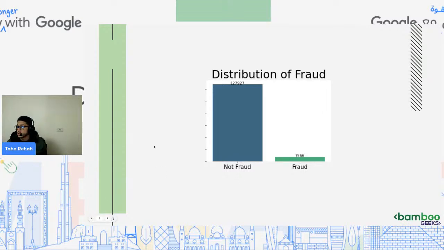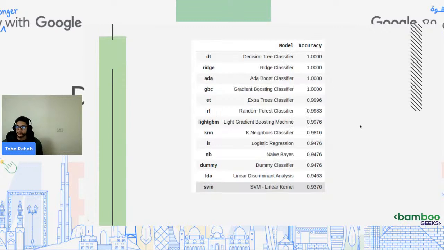This chart shows different models and classifiers: decision tree, AdaBoost, gradient boosting, random forest, light gradient boosting algorithms, etc. It shows the accuracy of those models when trained on the dataset without handling the imbalance.